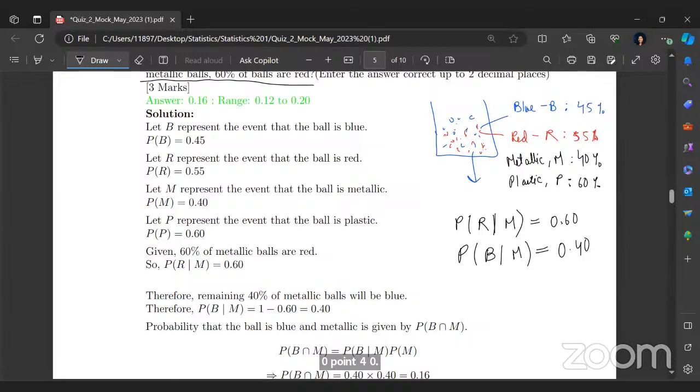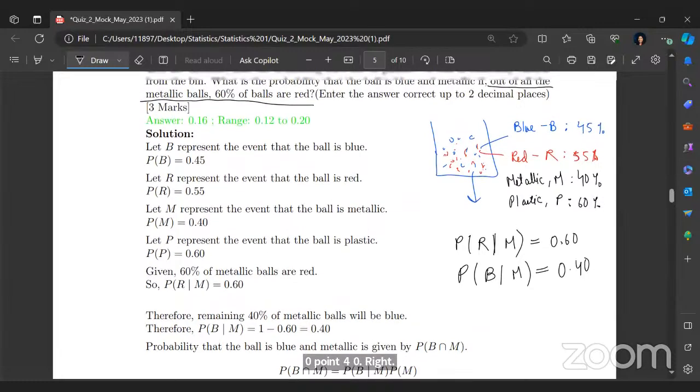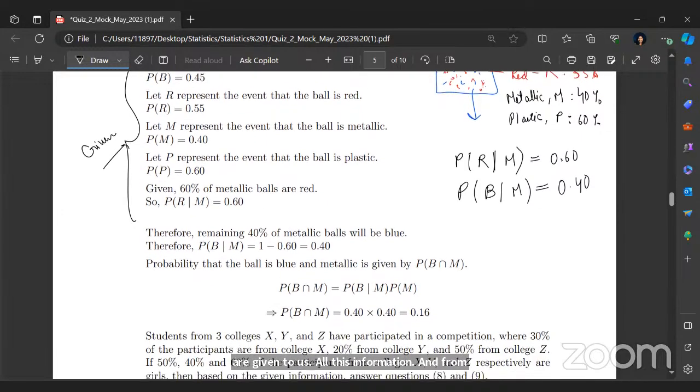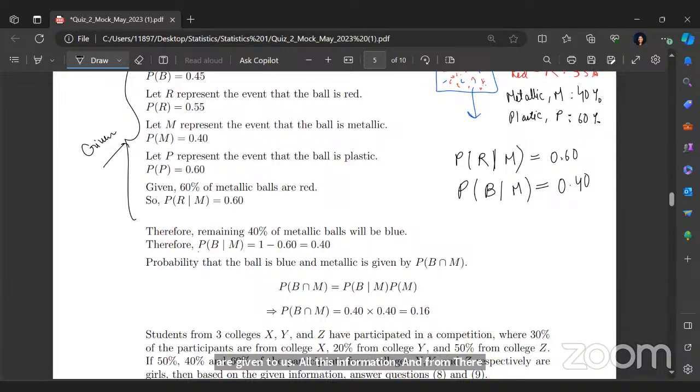So this is what we have written here. Till here, all this we are just denoting whatever information is given to us. And from there, we concluded one more thing, that our probability of B given M is 0.40.